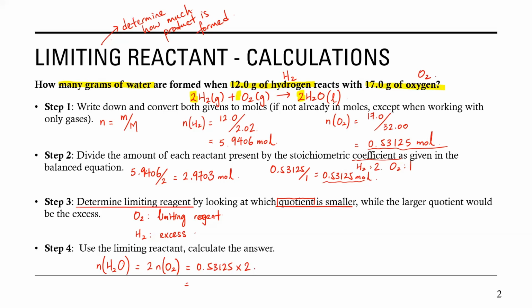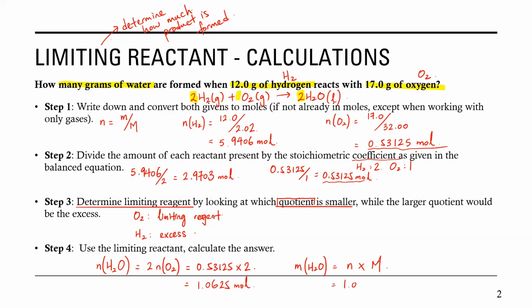So that is 1.0625. But that's just the number of moles. We need the number of grams, so that is the mass of water. And that is number of moles times the molar mass, right?